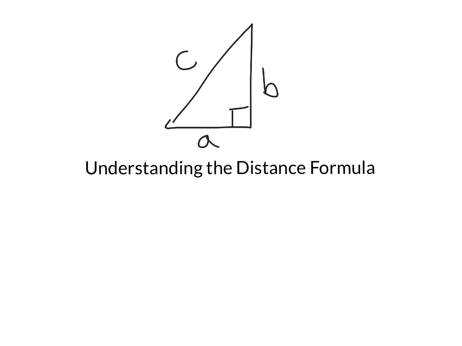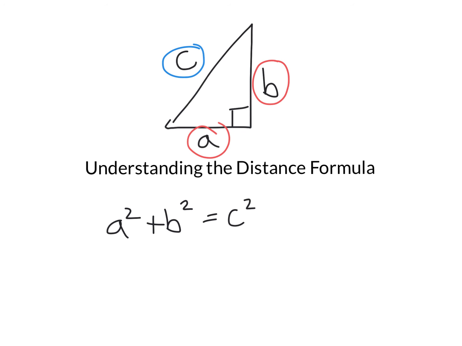The Pythagorean theorem tells us that A squared plus B squared is equal to C squared. So we can square the length of each of these two legs, and when you add them together, that sum is equal to the hypotenuse squared.